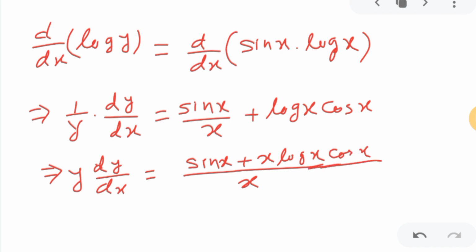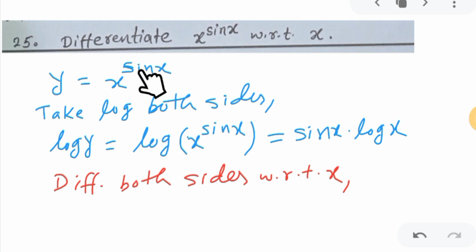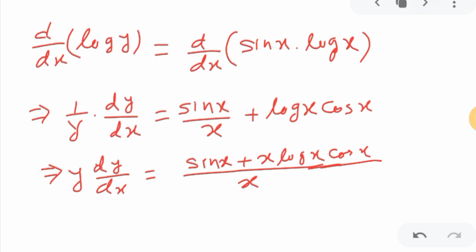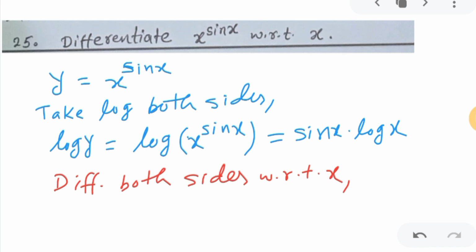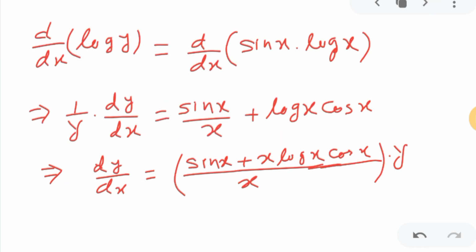Since we have to find dy upon dx, by cross multiplication this y will multiply to the right side. And the value of y is nothing but x to the power sin x, so I will replace y with x to the power sin x. So this will be your final answer.